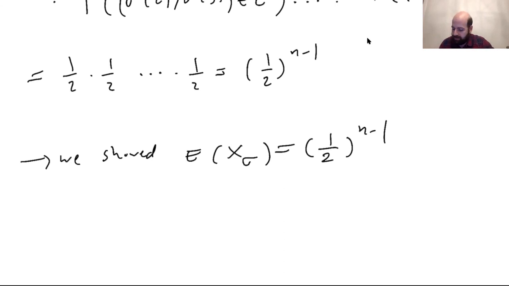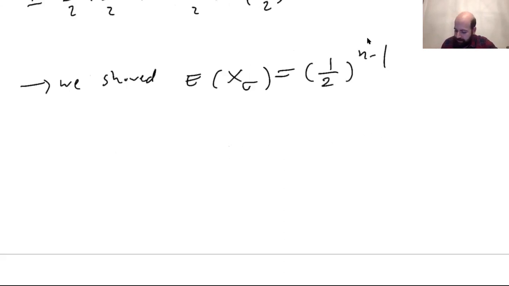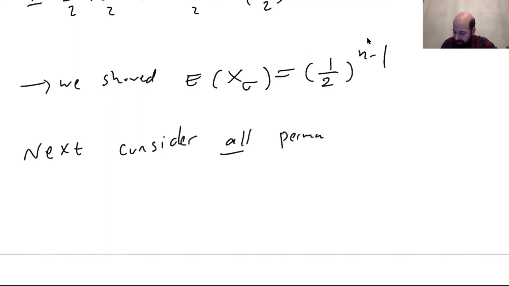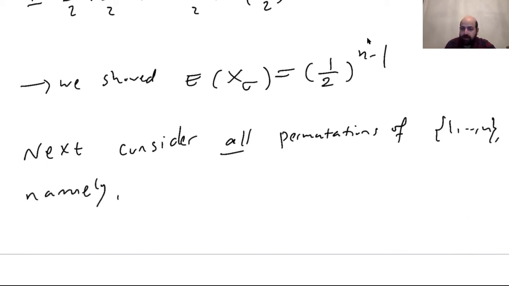Okay, so let me write this down for you. Next, consider all permutations of 1 to n. I'm sure you know how many permutations we have for the set 1 to n. There are, of course, n factorial such permutations.